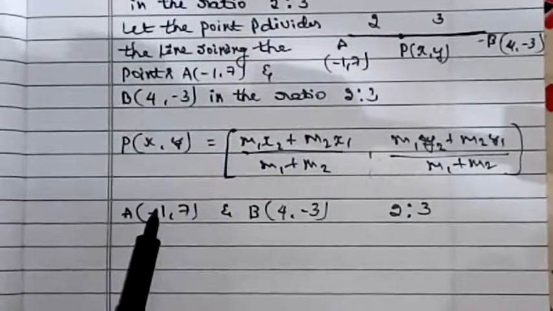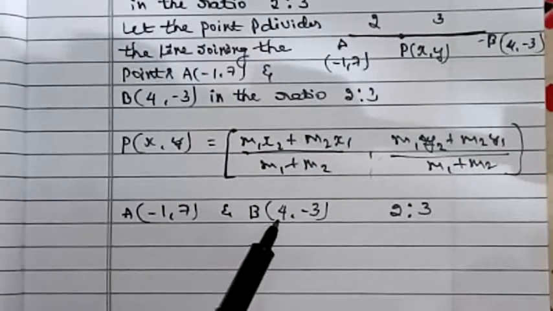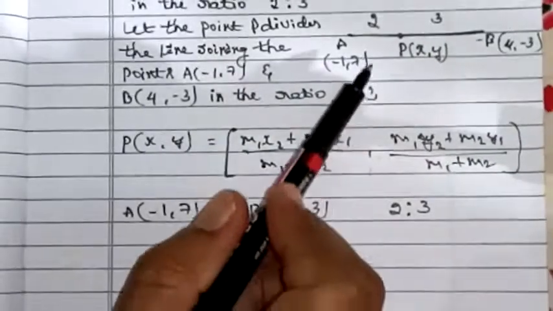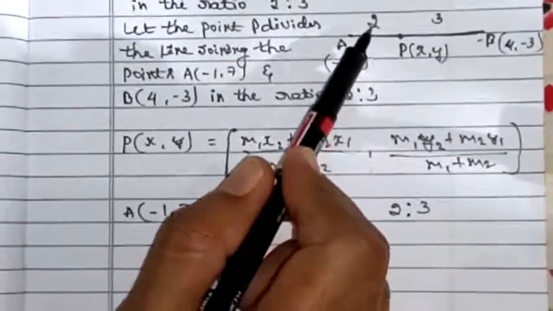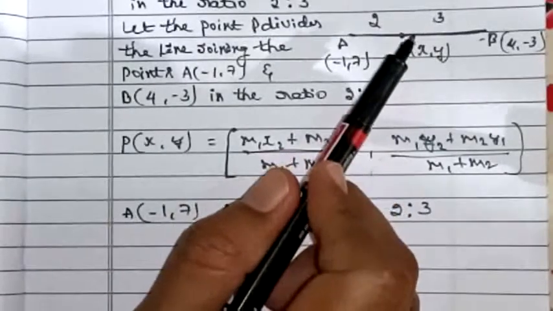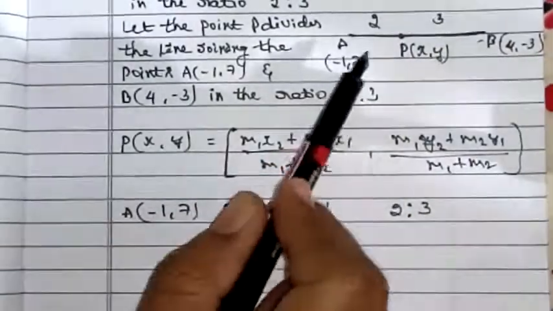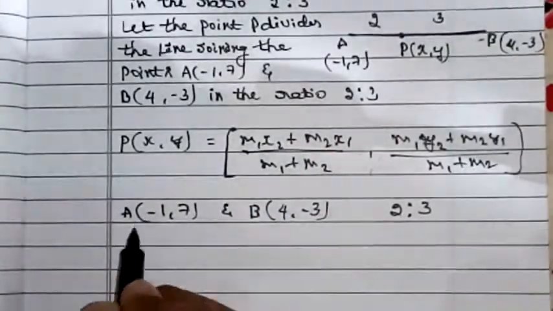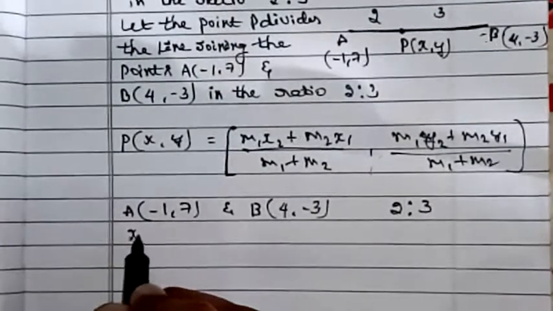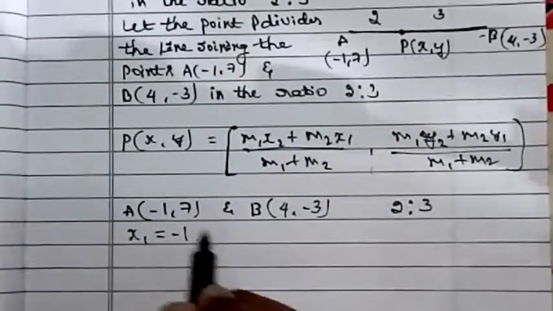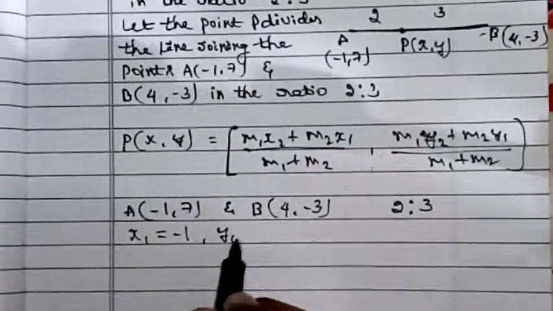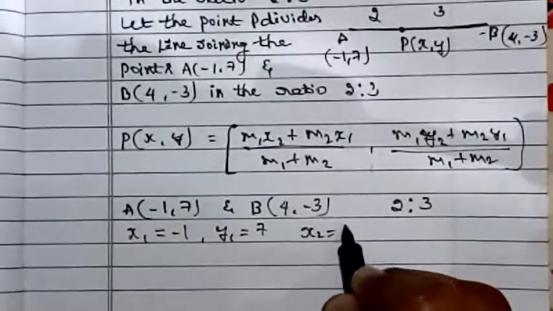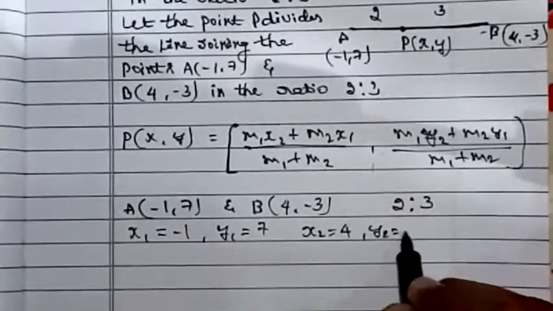Just as usual, write the first point as x1, y1 and the second as x2, y2, and the ratio as m1 to m2, because the line segment is dividing in the ratio m1 to m2. Here the ratio is 2:3, so m1 is 2 and m2 is 3. So x1 is -1, y1 is 7, x2 is 4 and y2 is -3.